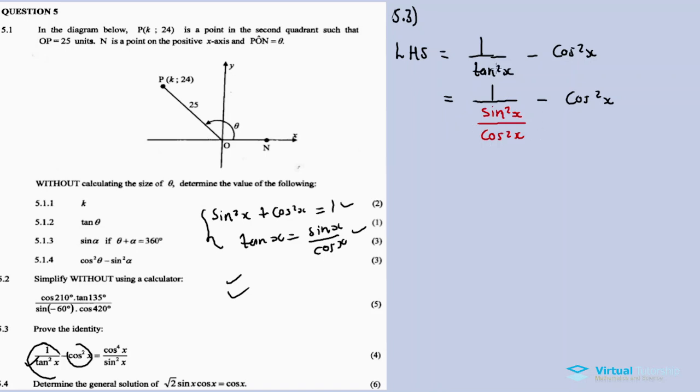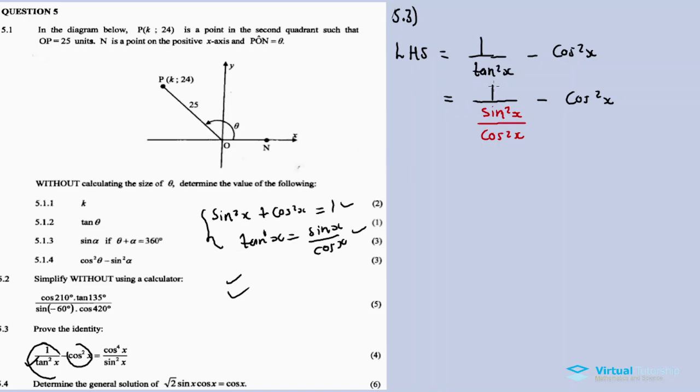If the tan was maybe cubed, then here we're going to have sine cubed x over cos cubed x. If it was 4, then you do the same thing. It doesn't mean that tan must only be simplified when raised to exponent 1, right? Whether cubed, squared, or whatever, you need to simplify it.